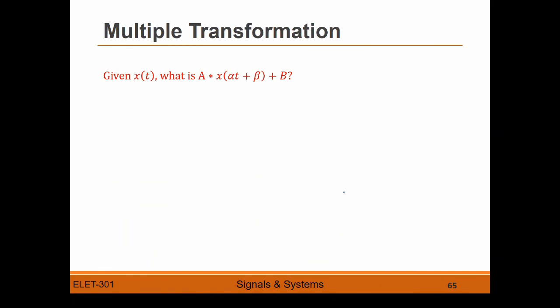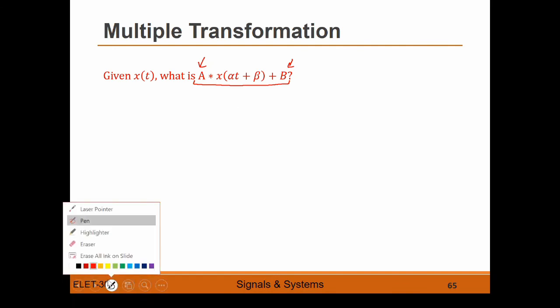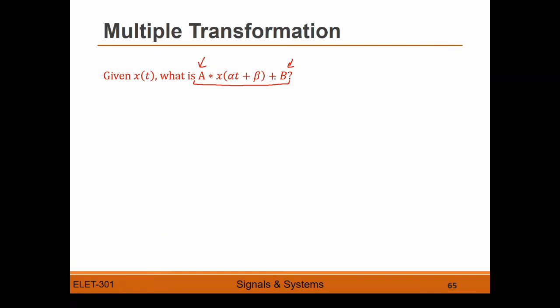Now, what happens if we're talking about multiple transformations? For multiple transformations, let's consider all cases. This is scaling for amplitude, and this is shifting for amplitude, and then these two are scaling for time and shifting for time.